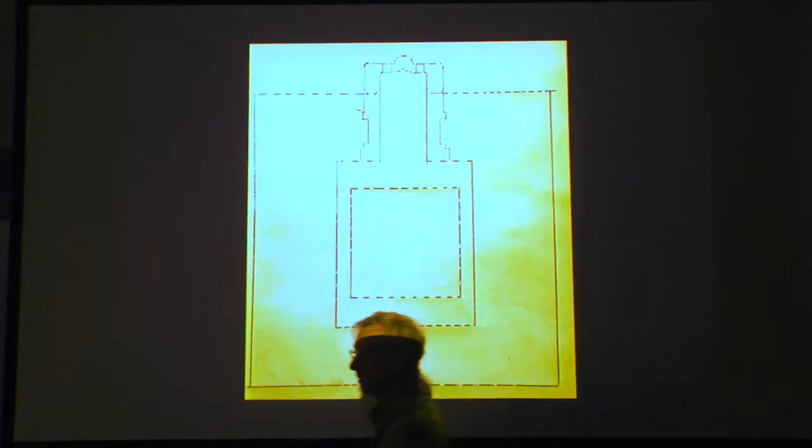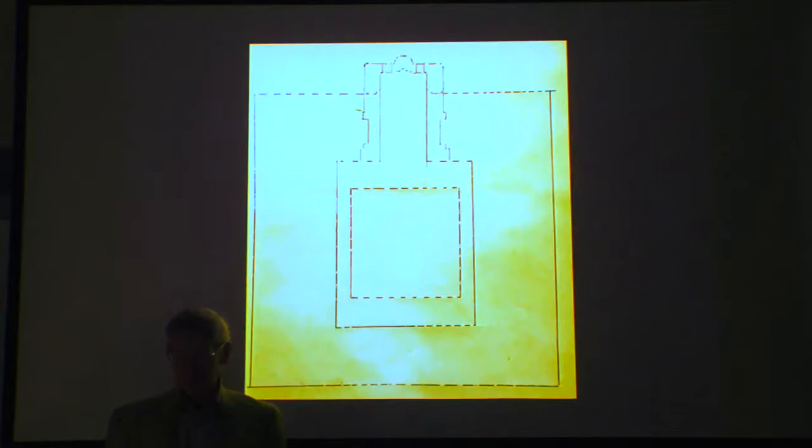The standard mosque plan in Iran at this stage, well, who can give me an example of an earlier one? Those who have done 270 should be able to. Well, you've got lots of mosque examples, but what other examples do you know of? Give me a name.